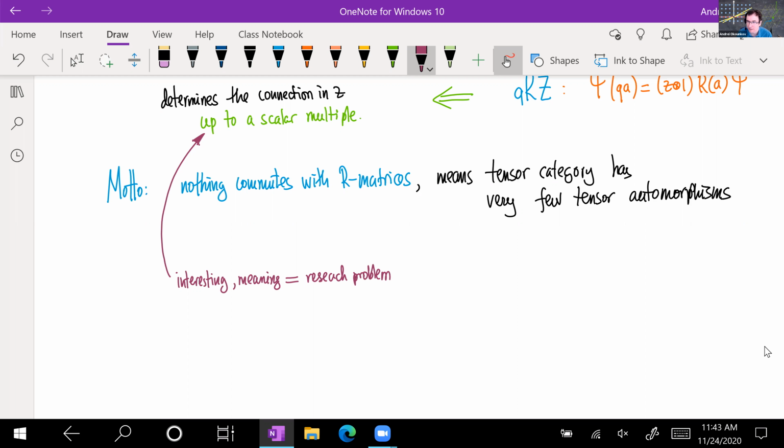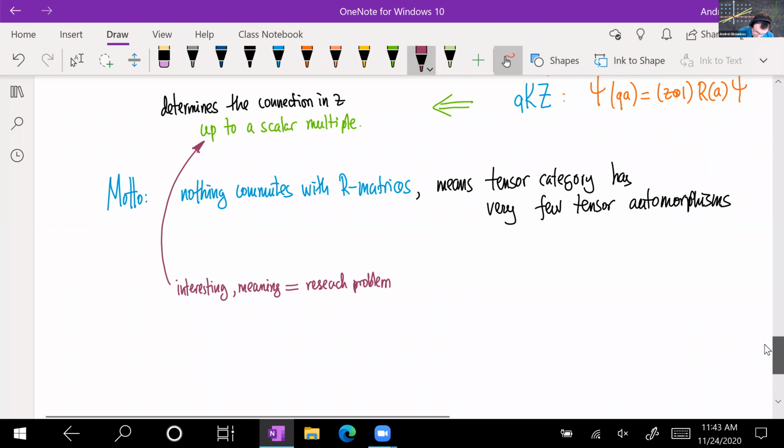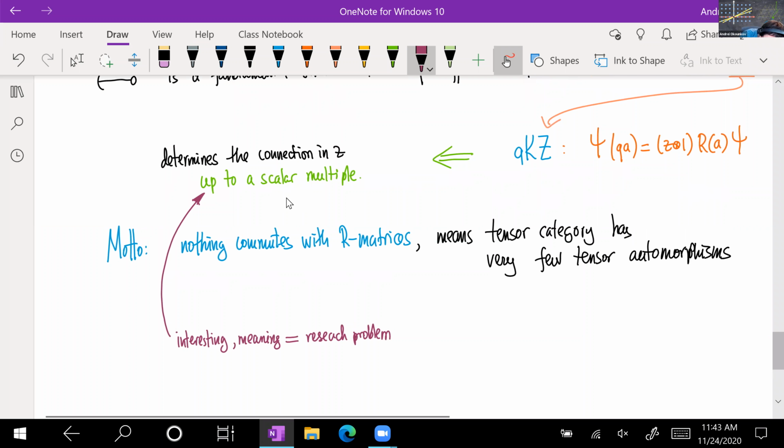Yes, that is fine, but from our point of view it is a constant, because our spaces Z are the weight spaces. So this is up to scalar multiple in each weight space.